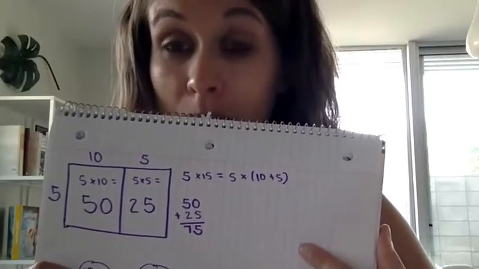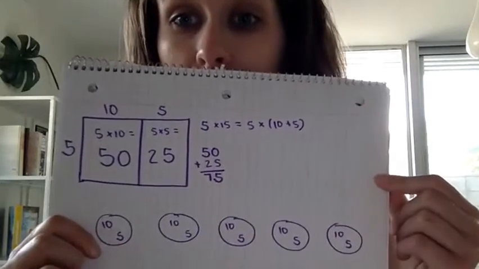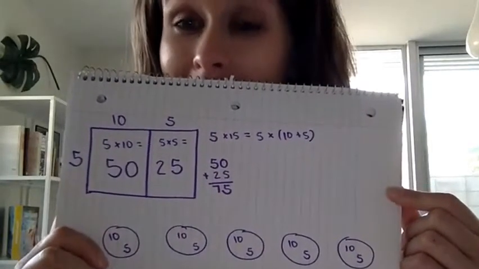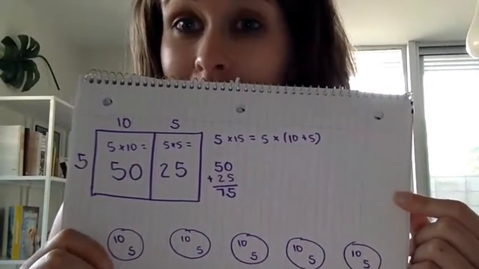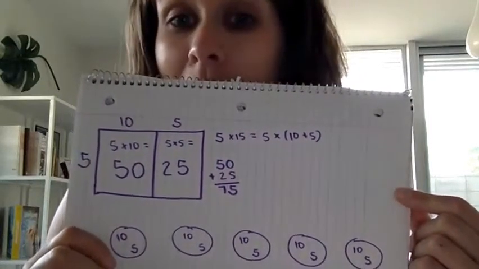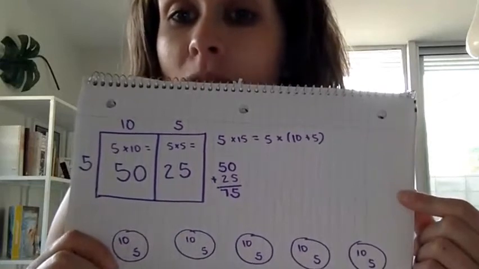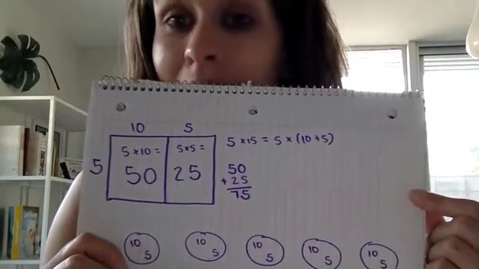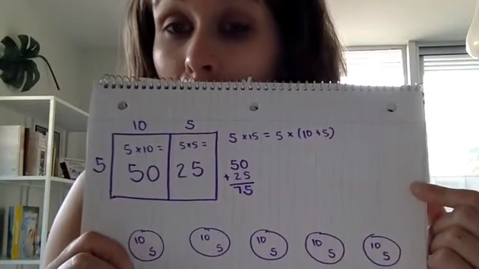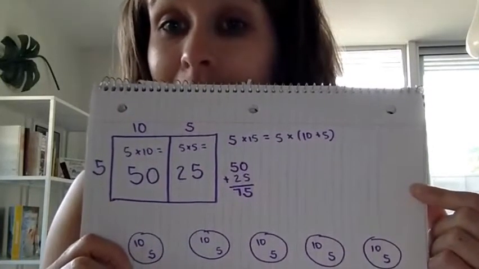Another way that some of you might be comfortable doing this is with the loops and groups model. Now, I didn't want to put a lot of dots in there representing 15 because that can be hard to keep track of. So instead, I drew 5 groups and I put 10 in each group and then another 5 in each group, so that all told, I would always have 15 in each group.